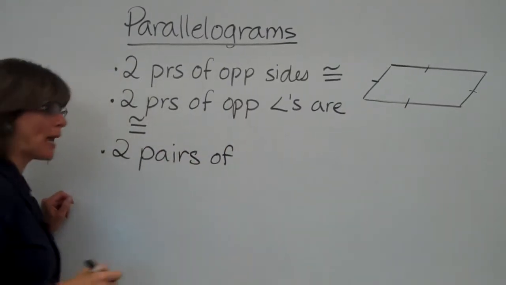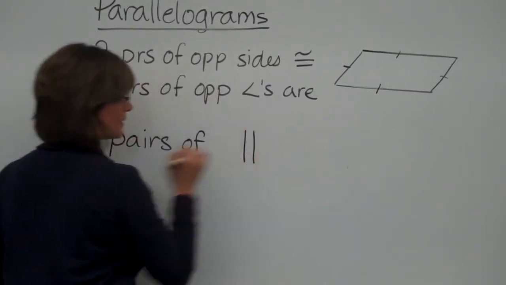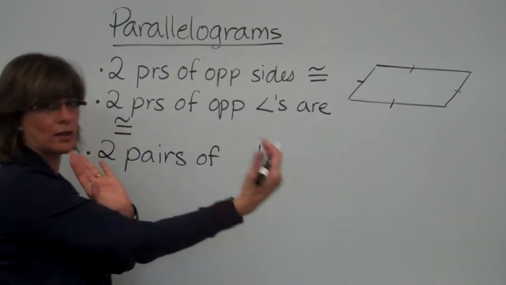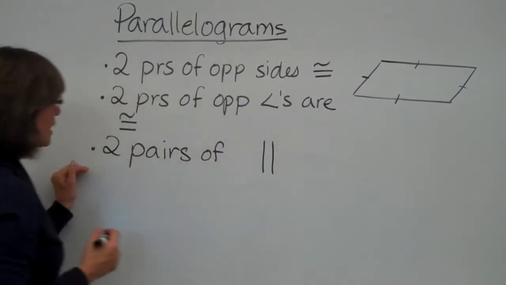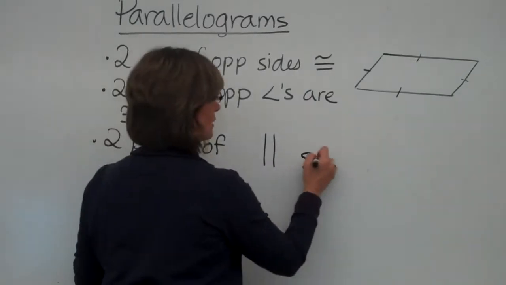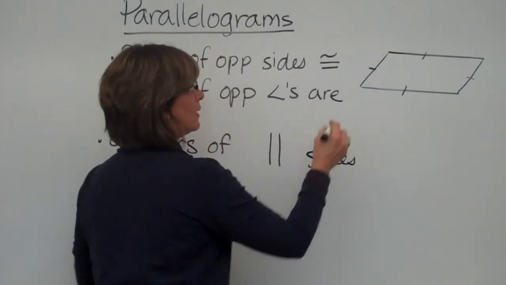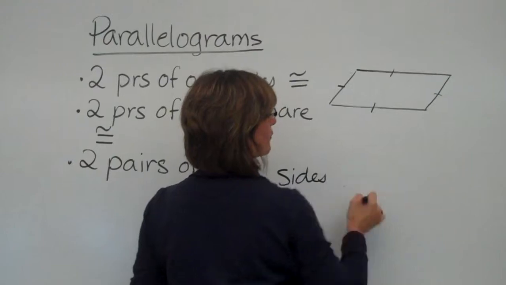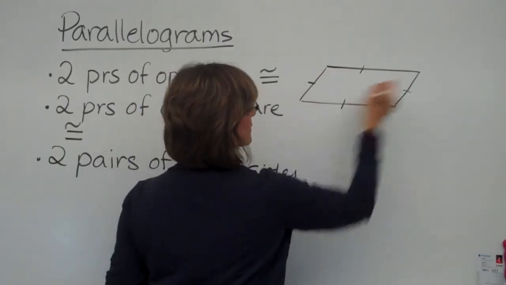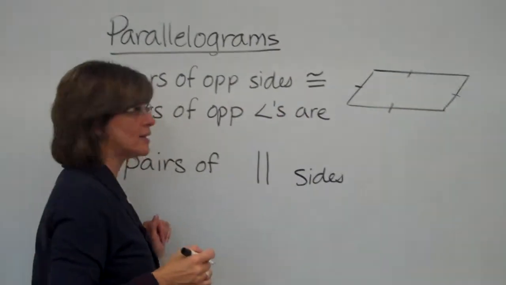And the symbol for parallel is 2 straight lines like that. Not absolute value. Absolute value has more space in between. So 2 pairs of parallel sides. So you can see this is parallel to this. They're never going to touch. And this is parallel to this. Never going to touch.